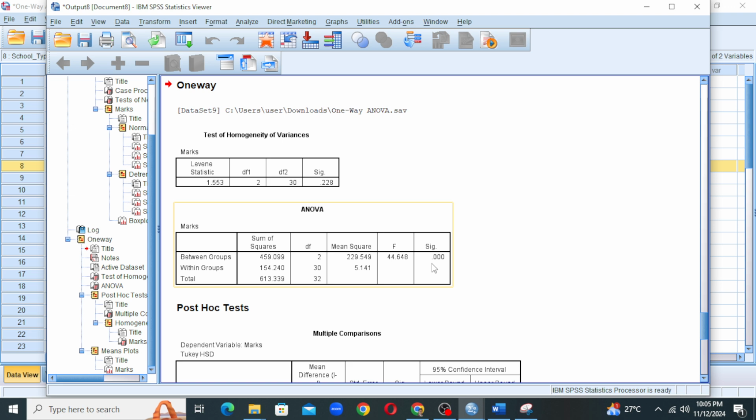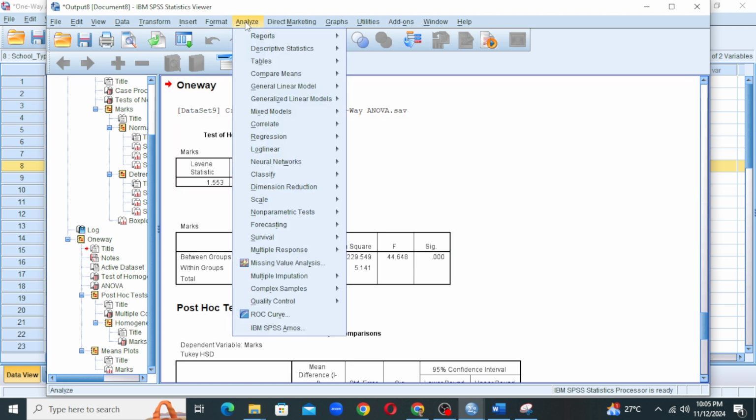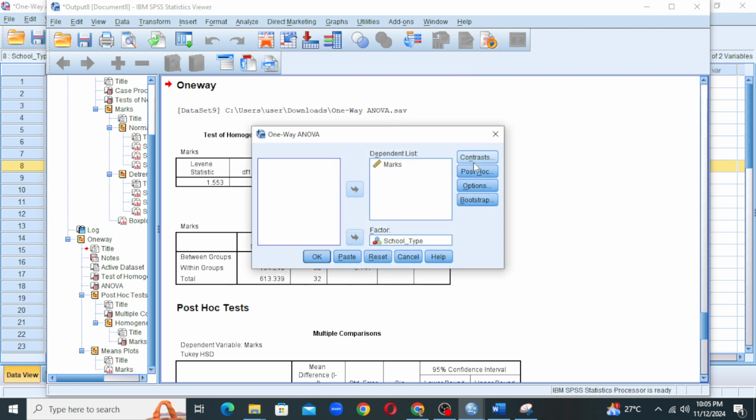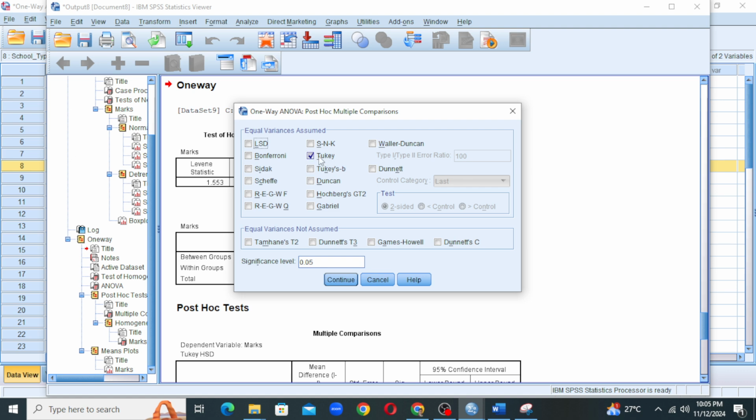So next, as we have already established the ANOVA figure is significant, we'll be proceeding with the post hoc test. Select Analyze, Compare Means, One-Way ANOVA. There you have to select Post Hoc.